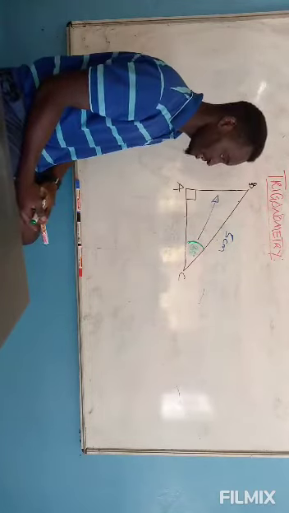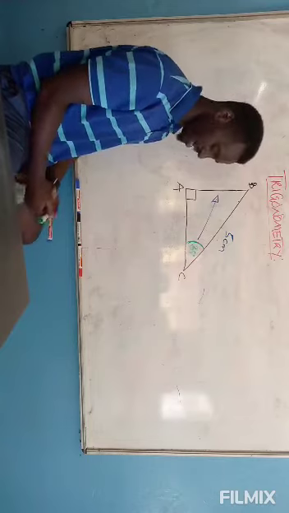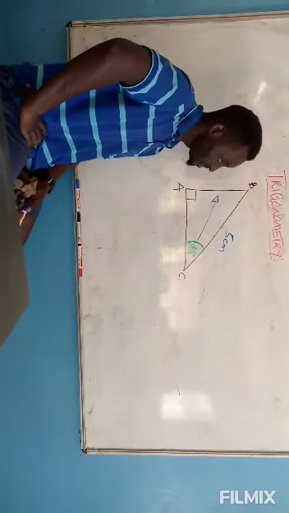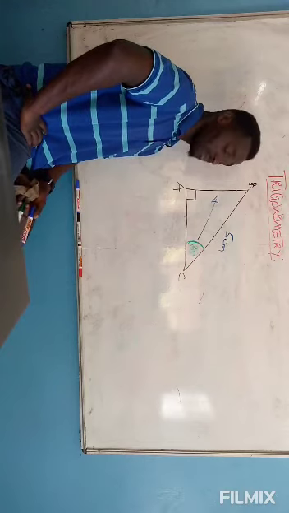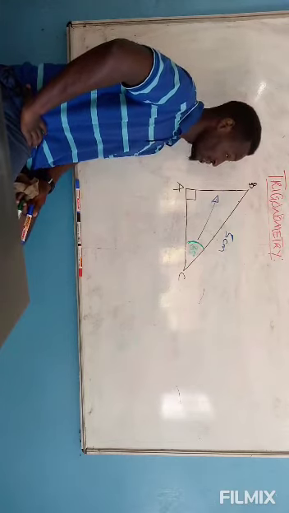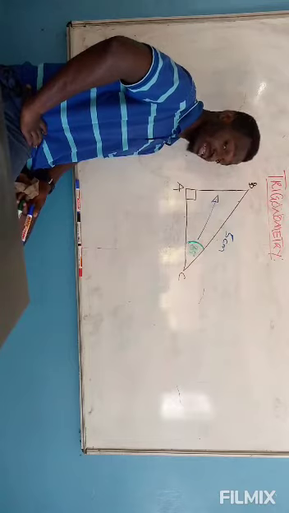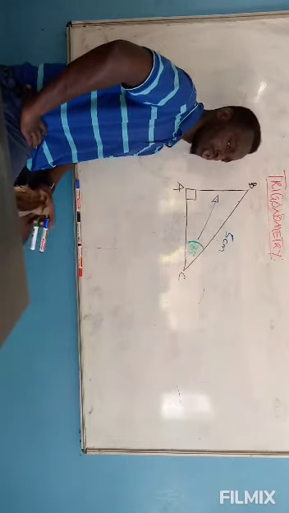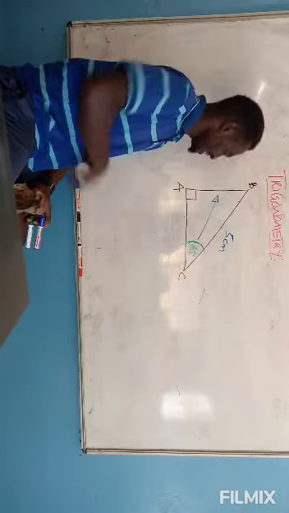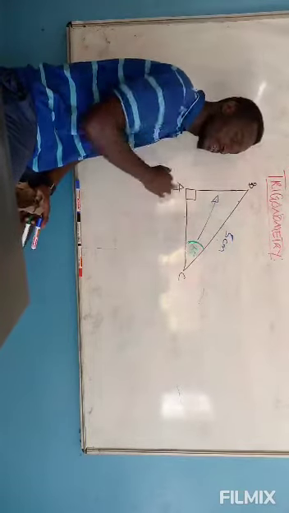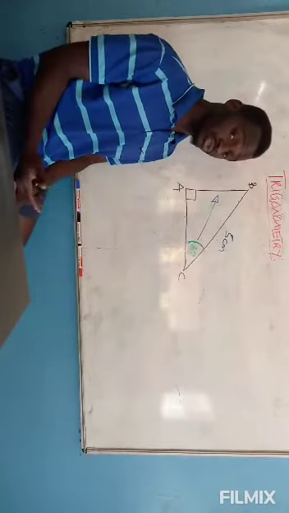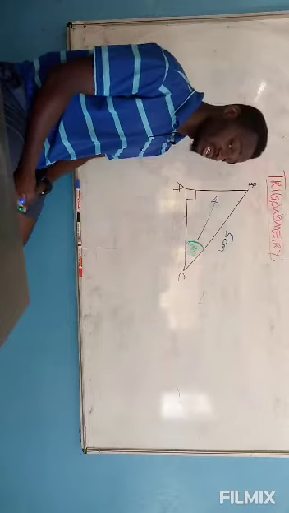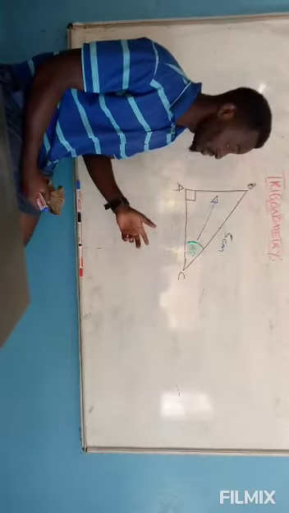Pythagoras theorem will not help, because it only applies when you have been given 2 sides. In this case, we only have one side. So what do we do to get this side or that side? This is when we can introduce the trigonometrical concept by using the trigonometrical ratios.